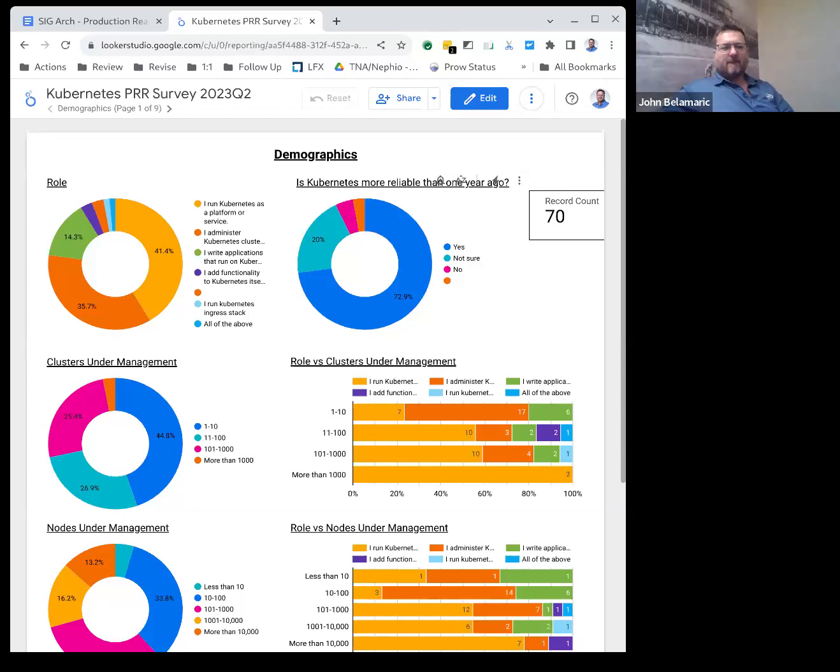Yeah, so I personally really like the survey. But for me, there's not a lot of information except in a few questions. It's interesting to know clusters under management, nodes under management, because it gives you an idea of which sample is actually answering the survey and who the audience is.